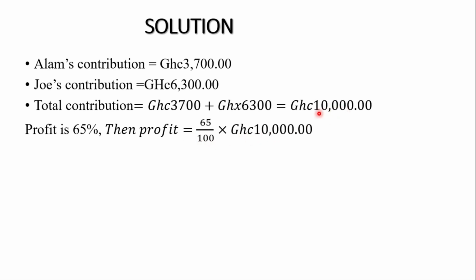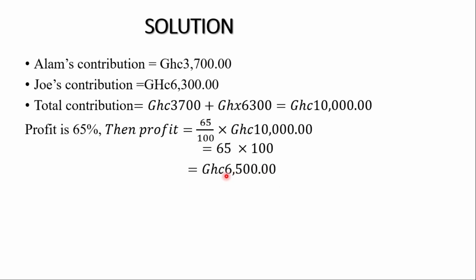The total amount they got out of their contribution. So it's 10,000. 100 is a factor into itself 1, and 100 into 10,000 you get 100. So multiplying 65 by 100, you're going to get 6,500 Ghana cedis as the profit. So the profit made out of the 10,000 Ghana cedis, which is 65%, is 6,500 Ghana cedis.